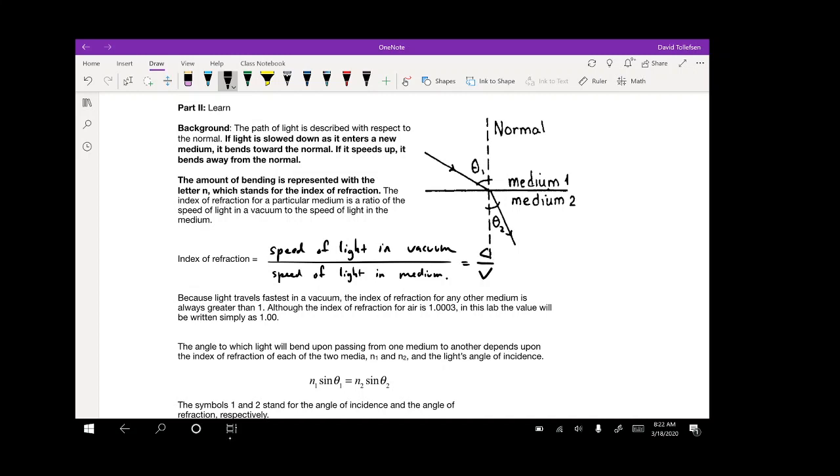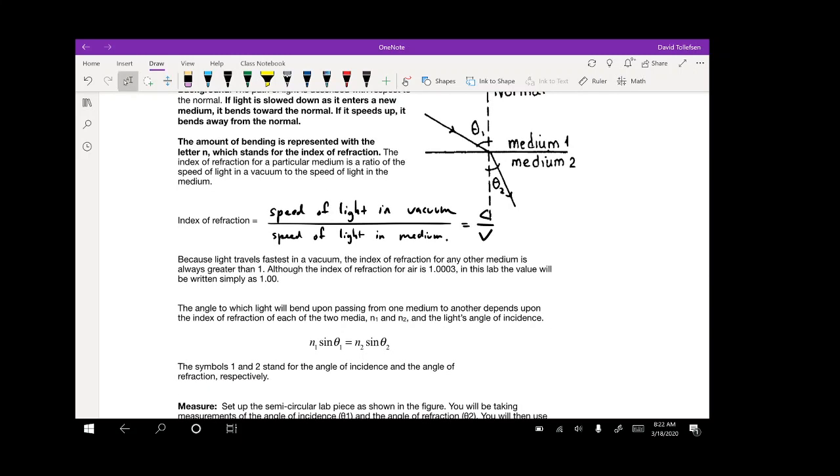So c over v. Light travels fastest in a vacuum, so if we're in a vacuum, then c divided by c, the medium is the vacuum, c divided by c is just going to equal 1. So the index of refraction for a vacuum is 1. For air, it's slightly more than 1, like 1.0003. We're just going to say, yeah, that rounds to 1. So n of air is equal to 1.